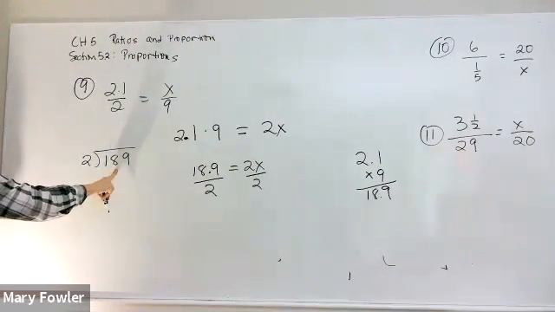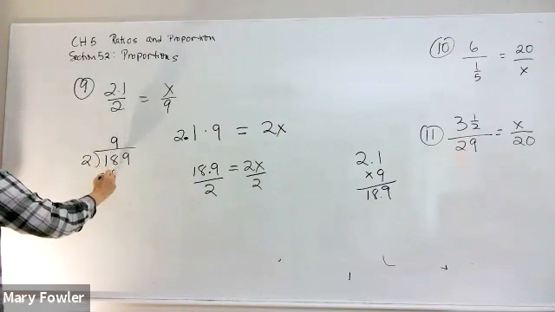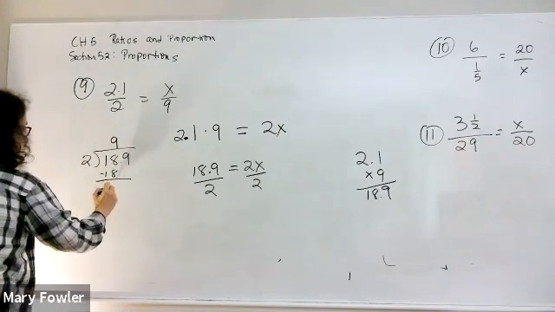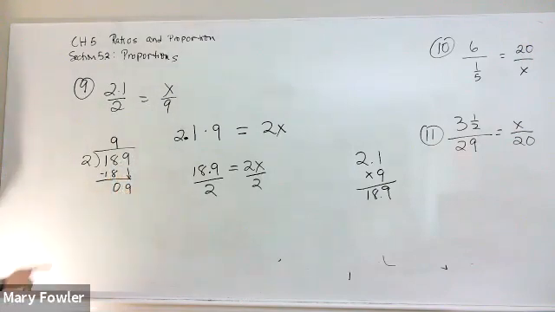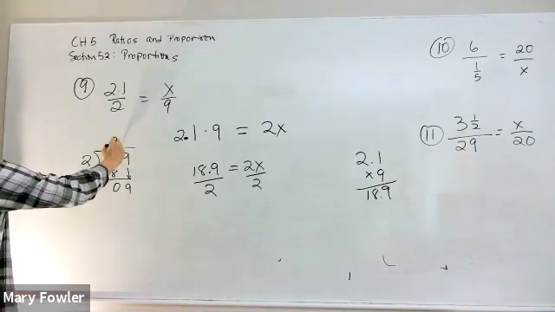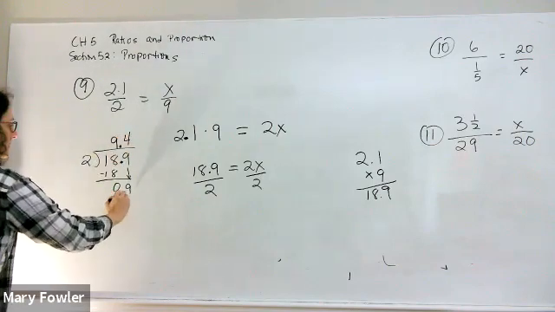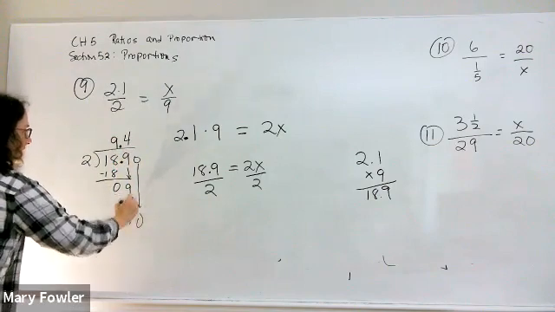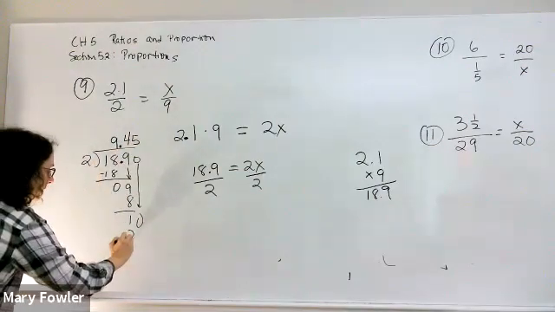2 goes into 18 9 times. 2 times 9 is 18. And let's subtract and bring down the next digit, a 9. 2 goes into 9. That's where the decimal point was, right? 2 goes into 9 4 times. We have 1, and let's add a 0 and bring it down. 9.45.